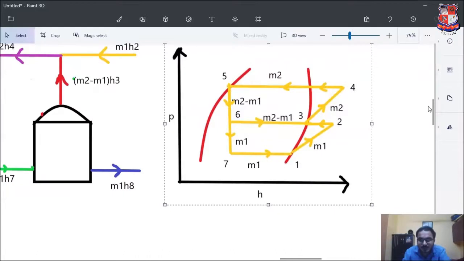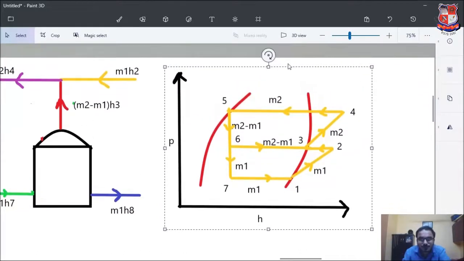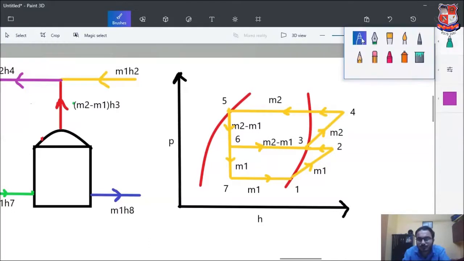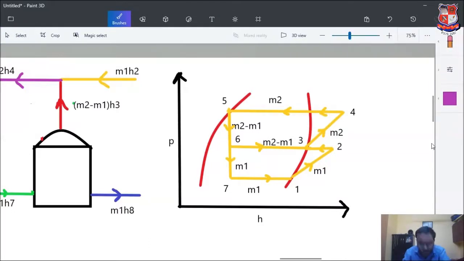Here I will be erasing a few things. So this will no longer be point number 3, 4. This will also change.